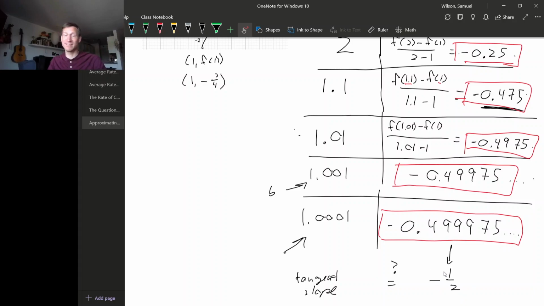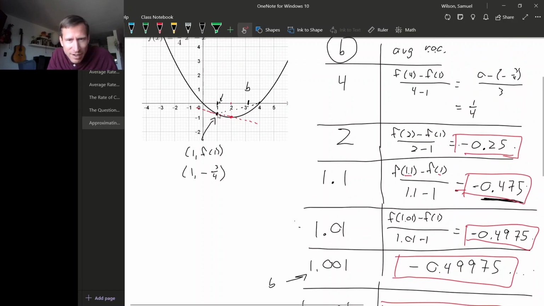Now this really is a guess. We haven't proved anything. But if you look at the graph, if we start with this point and we graph a line through this point that has slope minus 1/2, that's going to, let's see, over 2 and down 1, so about to here. If we draw this line, it does look like it's tangent.